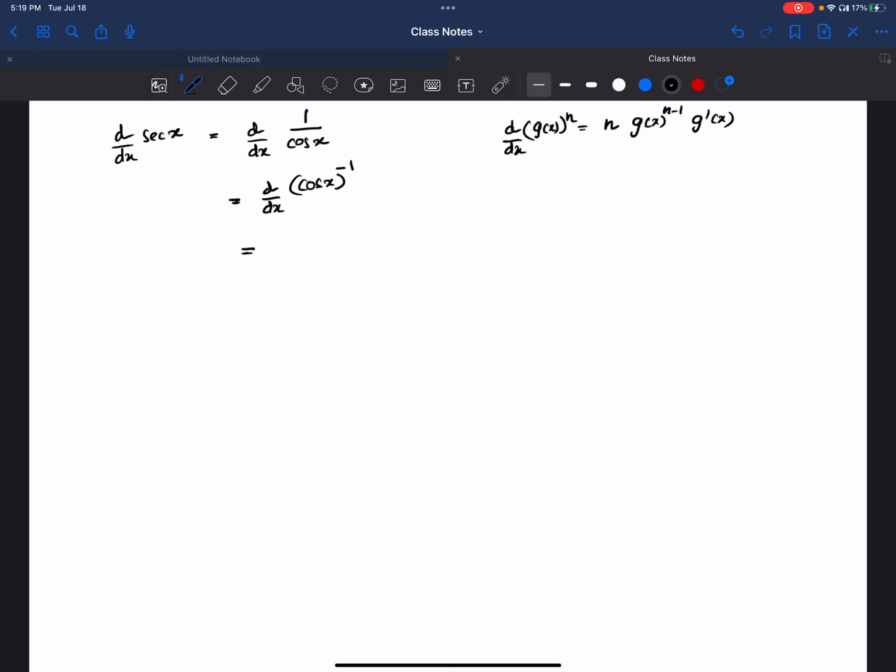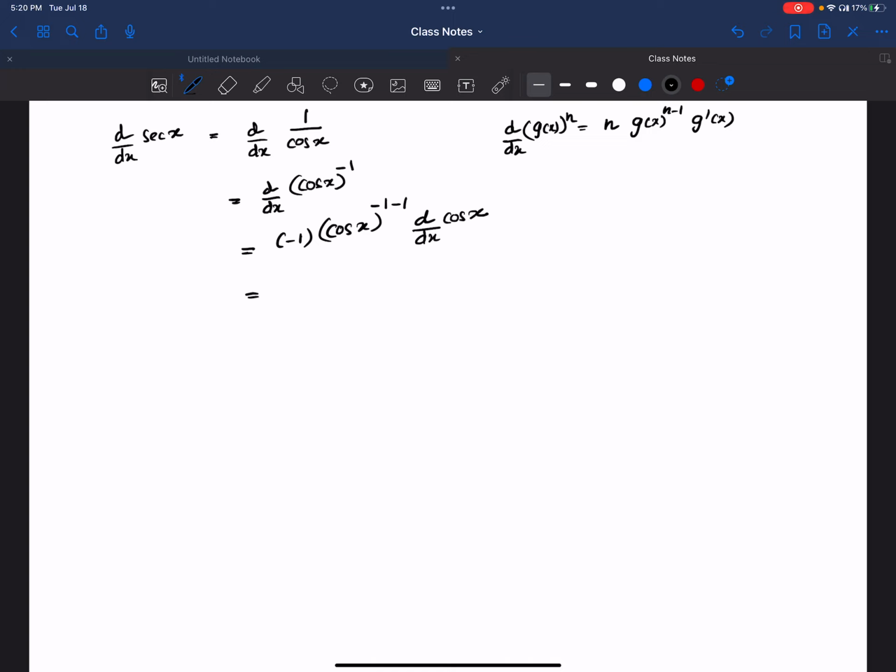I write negative 1, cosine x to the power negative 1 minus 1, and then d over dx cosine x.